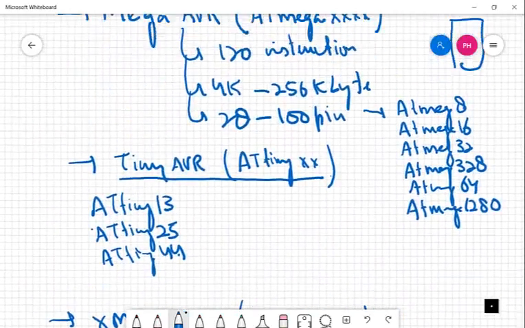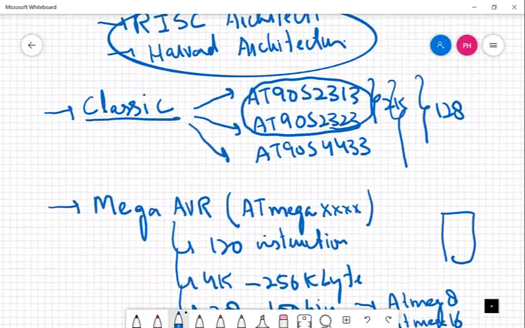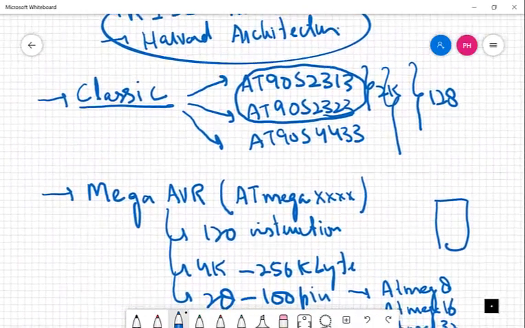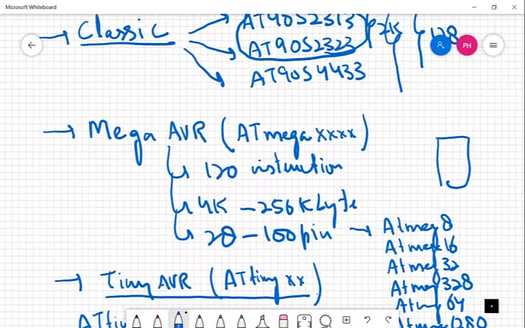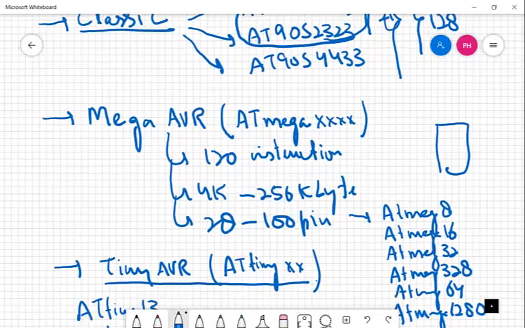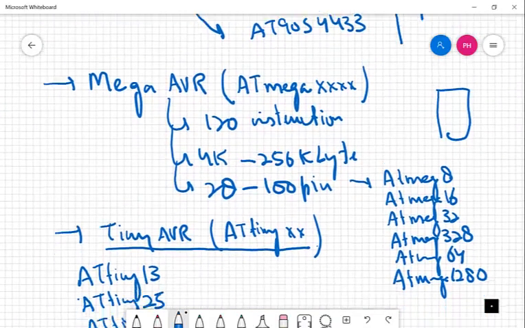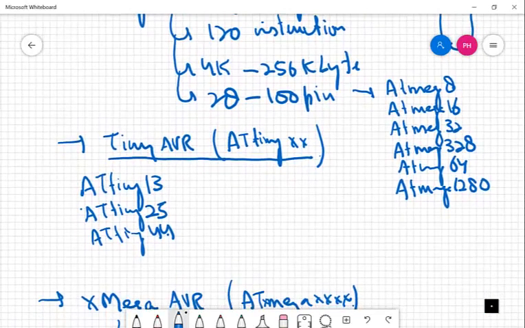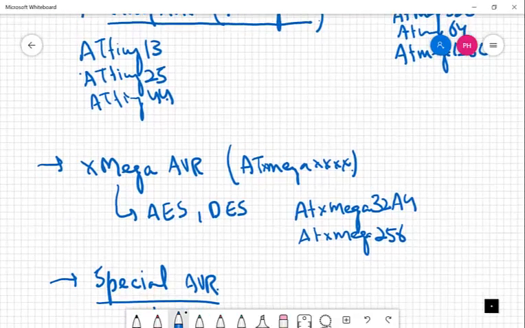So we have 5 categories. Classic ones are not designed and developed now. And we have Mega AVR; this is actually the largest group and most commonly used. We have Tiny AVR, used in applications where we need less computing, less RAM and ROM, and the cost per unit is very low. We have Xmega AVR, on the other end of the spectrum.